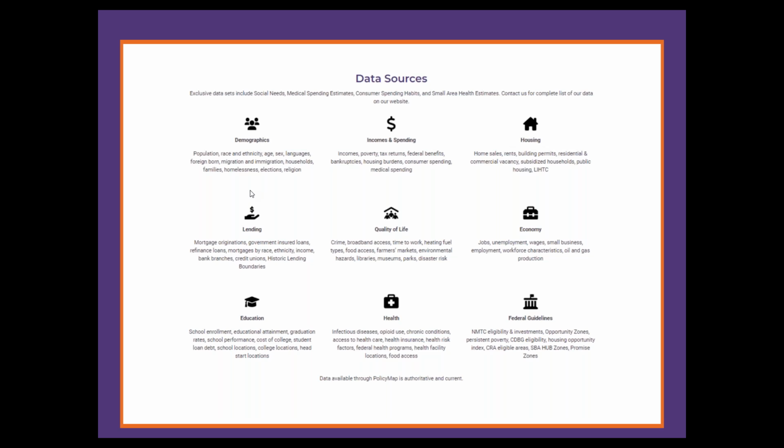You'll find some housing, lending, quality of life data, data related to the economy that will give you information about jobs, unemployment, wages, small businesses within an area, a whole host of data related to education and enrollment and educational attainment, and also data related to health and specific federal guideline data sets.